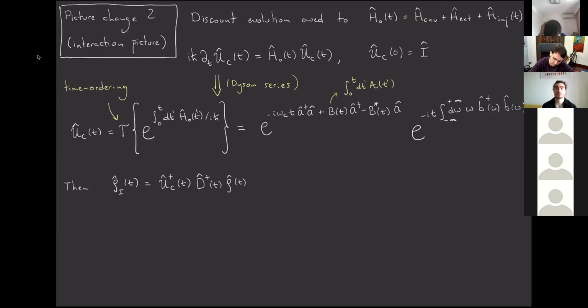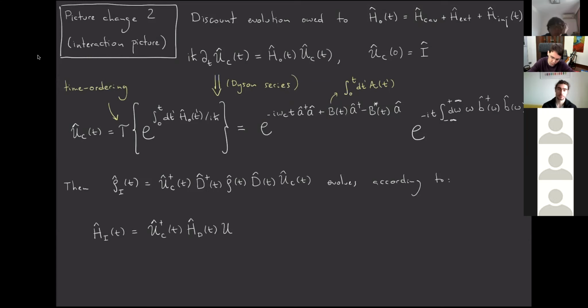Then this is the original state, okay, then evolves according to the following Hamiltonian. So this Hamiltonian is just the Hamiltonian in the interaction picture. And just by definition of changing the picture, this is just the unitary transformation applied on the Hamiltonian, so of course, the Hamiltonian from the picture we come from.